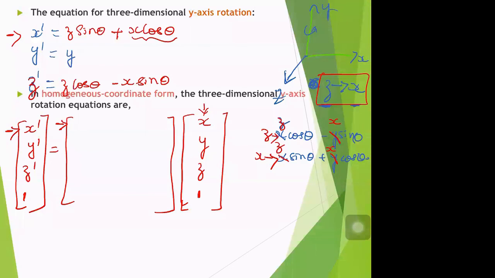X is multiplied with cos theta, followed by the y term, which is 0, followed by the z term, which is sin theta, because in my equation it is z into sin theta, and 0.